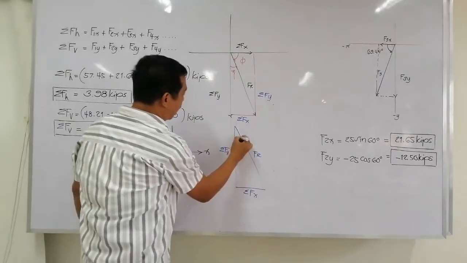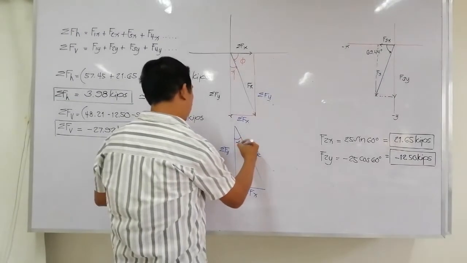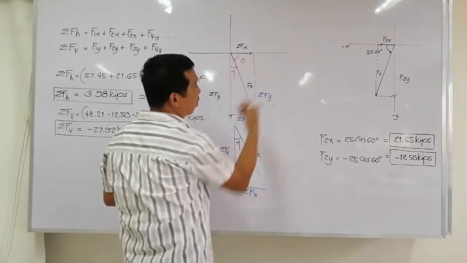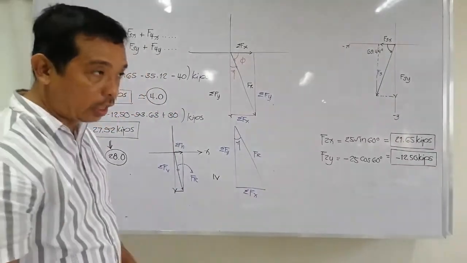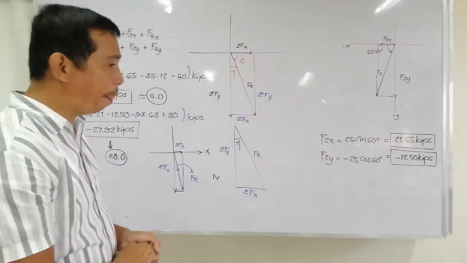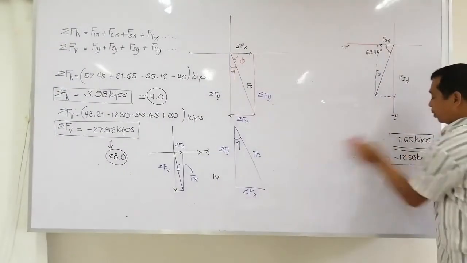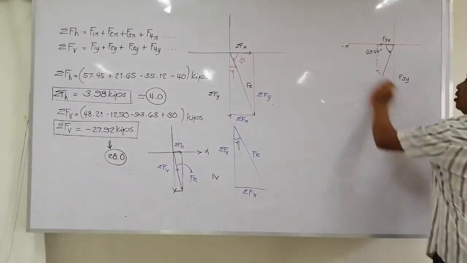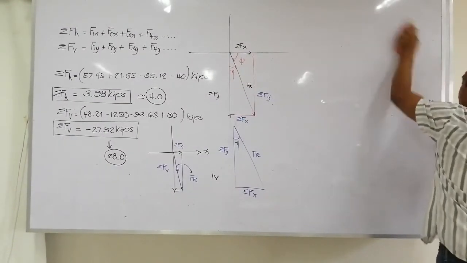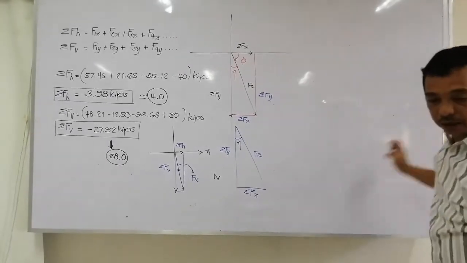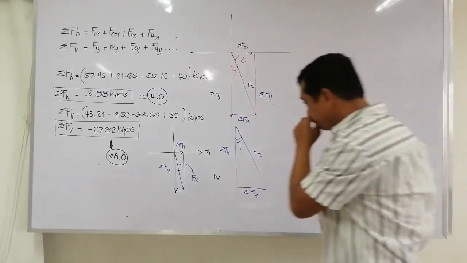So pwede mo kunin yung angle na eta or yung isang angle na sa kabila. So, solving for FR and the angle generated with respect sa y-axis. Ito yung mga gaganap dyan.